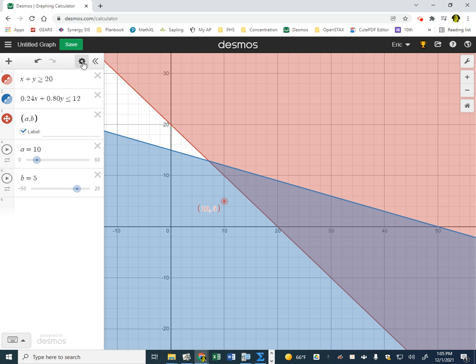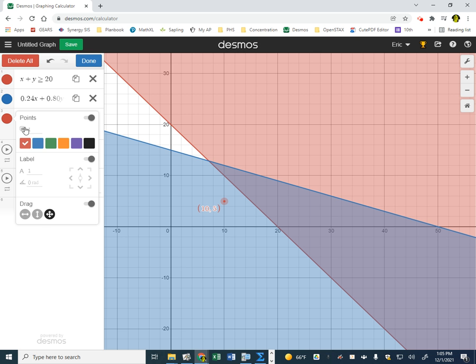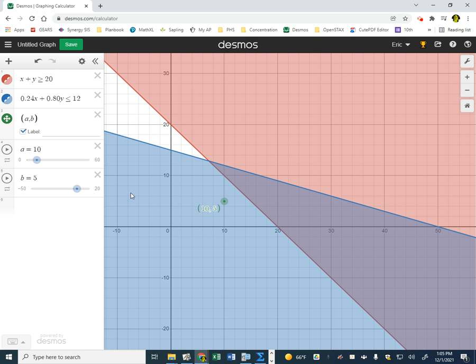Let me make this point a different color so it sticks out. I'm going to make it green. Okay, look at the coordinates of that point. So that one works, right? That's 30, 5. It's in the shaded region.